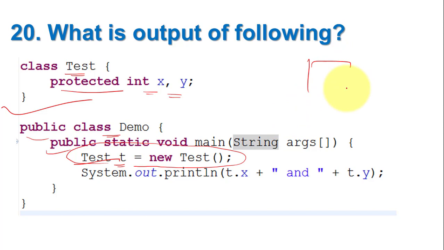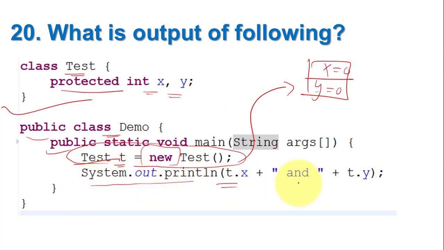So in memory, an object is created, and it has x and y variables. This line will create an object, and it will automatically assign 0 values. Your JVM will automatically assign initial values of 0 if you create an object using the new keyword. It auto-initializes them to 0. Now see what you're doing: System.out.println with t.x and t.y. What is t.x?